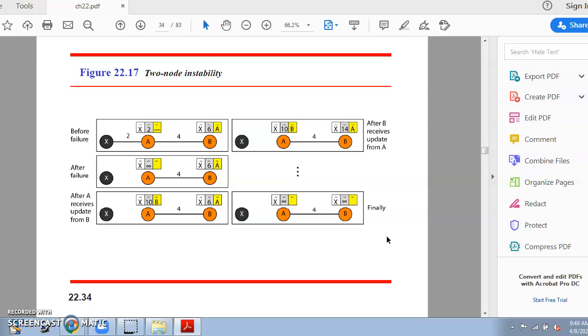Another solution to solve this problem is split horizon. The idea is, if B knows that it is getting information about some other router, and this route goes only through A, then B will not share that part of its table.